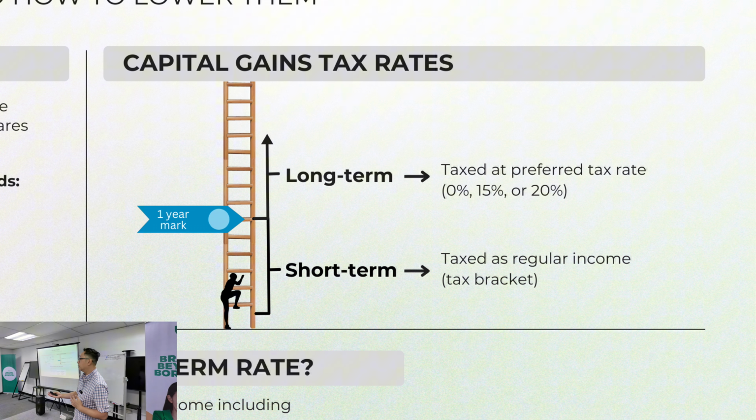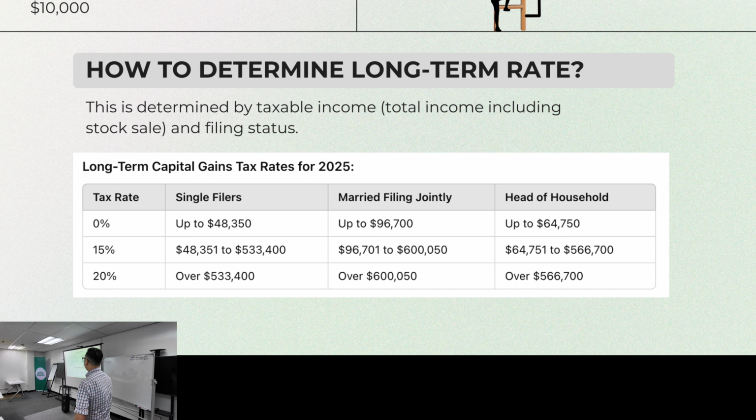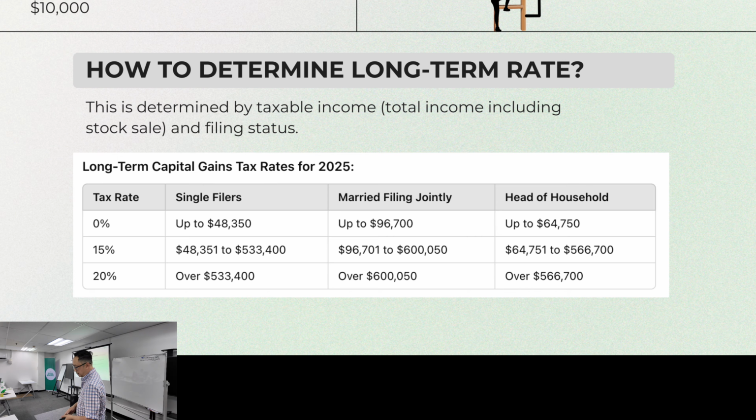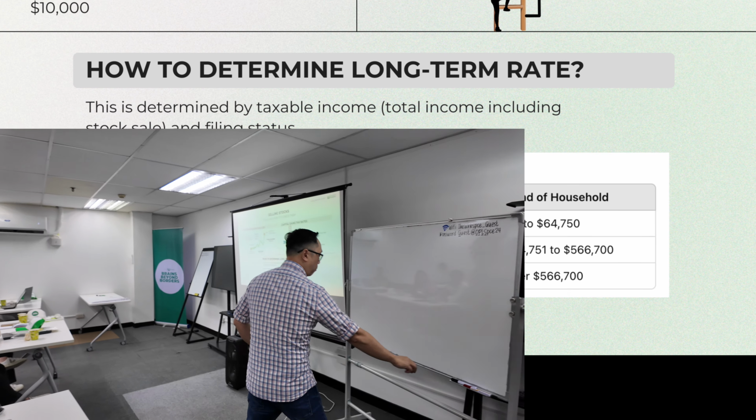Okay, so how do we determine the long-term capital gains rate? Let's just say Taylor is married filing joint, and you remember his income was $100,000, and let's say he maxes out his 401k.